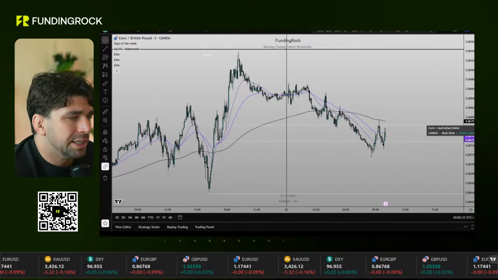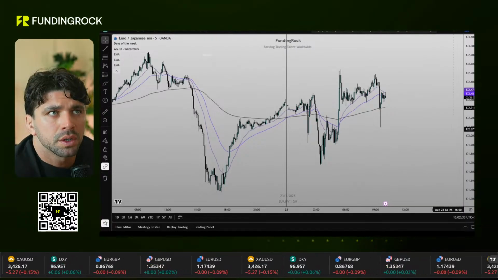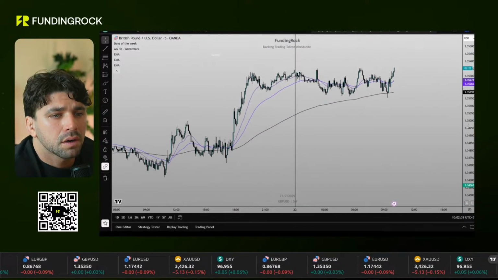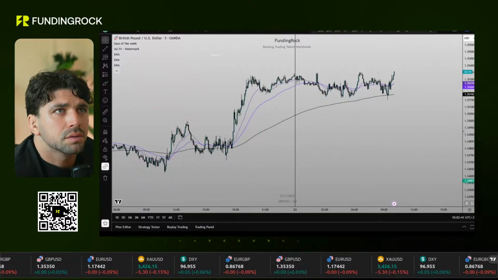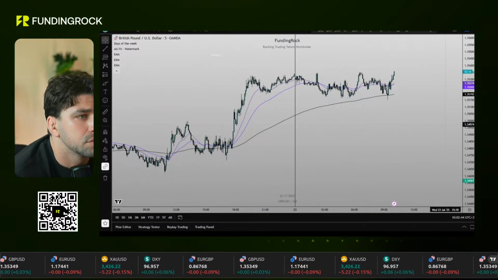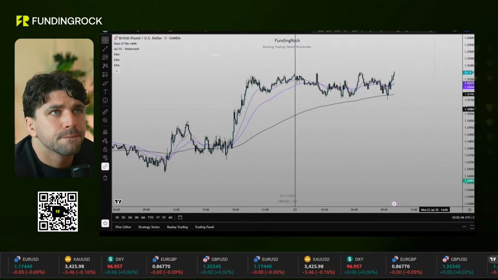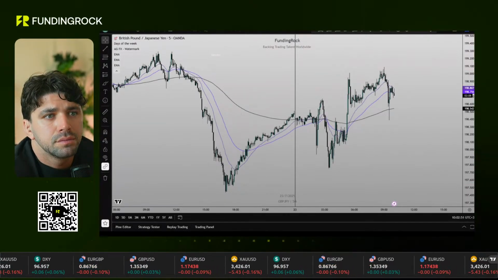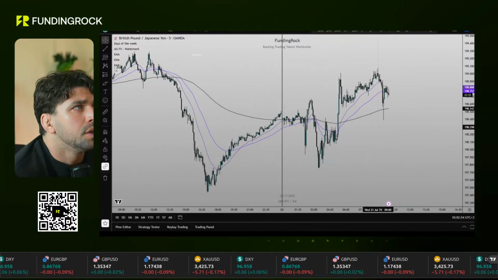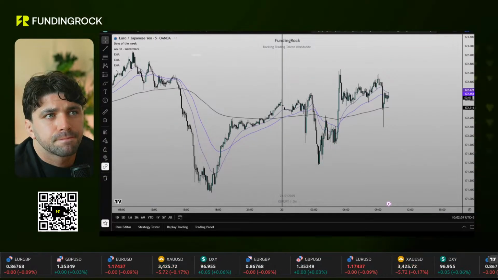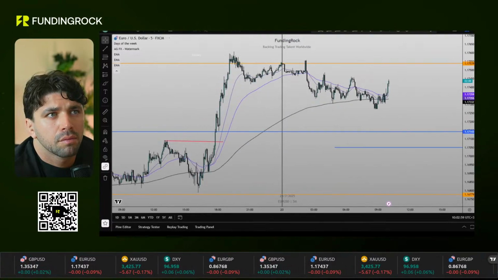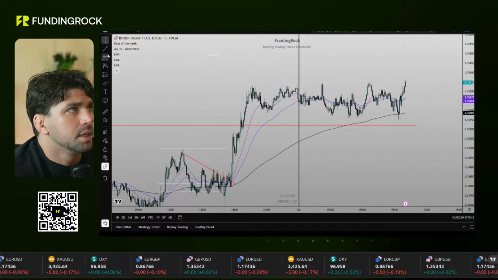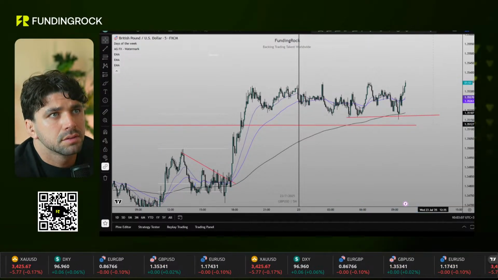And the market is literally just open. So let's have a look and see what we're looking at. Okay, so we've already taken Asian lows on the pound.